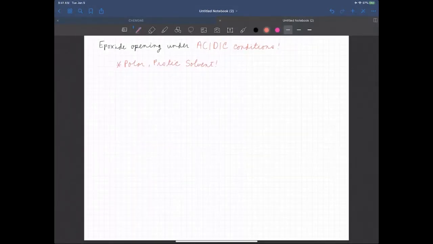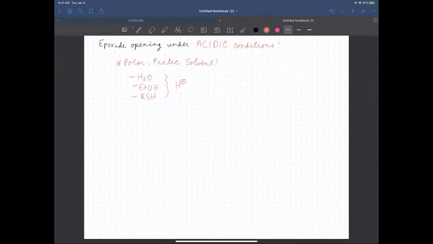So water is going to be polar protic. HCl, ethanol, methanol, any thiols are going to be okay. So stuff like water, any R group with an alcohol functional group in it, any R group as a thiol, and all of these take place in the presence of H plus.